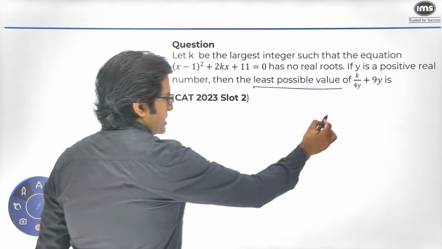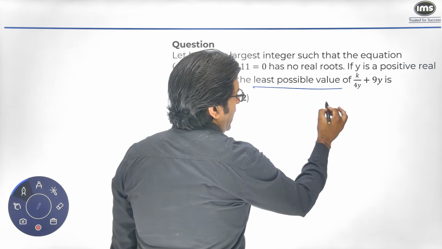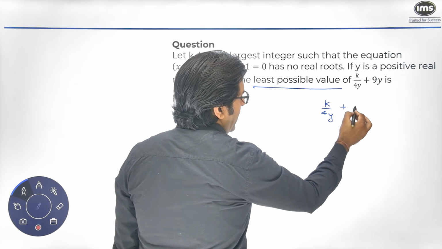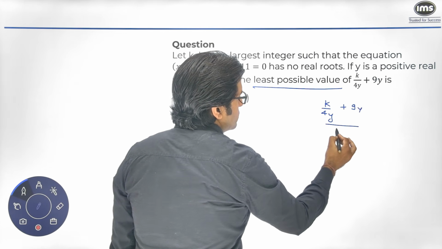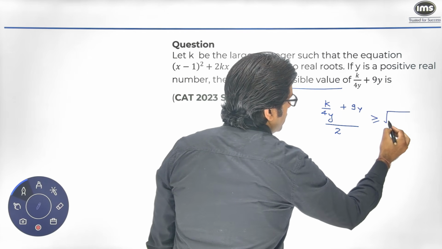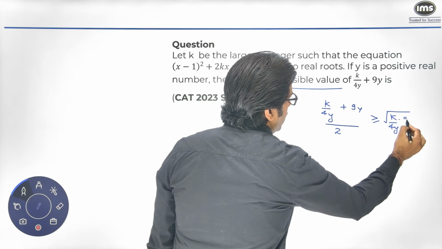So maybe let's try and simplify this part first. If we want the minimum possible value, I'm taking one of the numbers as K by 4Y, another number as 9Y, and taking their arithmetic mean. So they will be divided by 2. This has to be greater than or equal to their geometric mean. So the geometric mean will be under root of K by 4Y into 9Y.